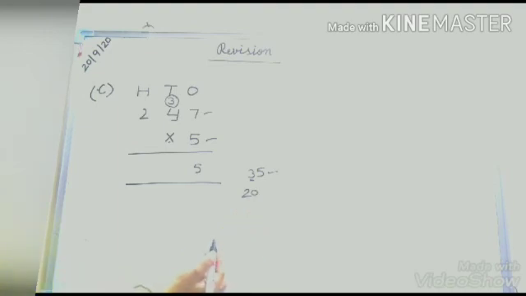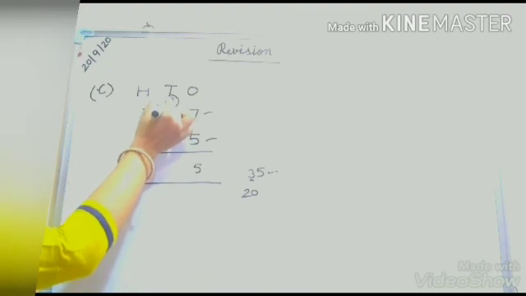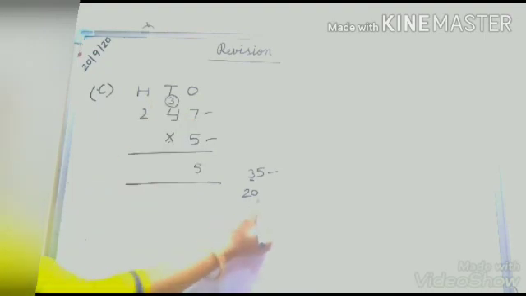20 has come. Now what we have to do? We have to add this carry over number here. Here we add 20 plus 3. Okay, here 3 and 0. When we add 3 with 0, then what we get? 3 itself. Okay, and now there is no digit, so here 2 will come.